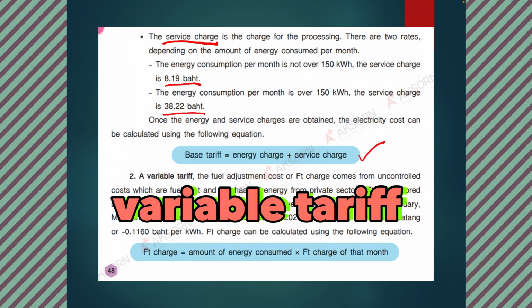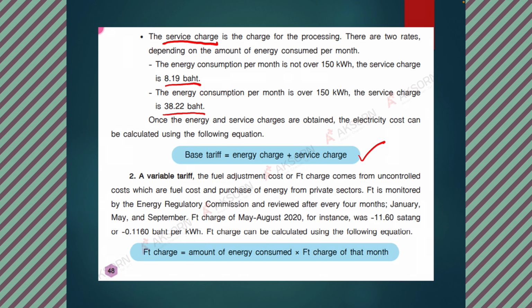Number two is what we call the variable tariff. It is the fuel adjustment cost, or FT charge, which comes from uncontrolled costs, which are fuel costs and purchase of energy from private sectors. FT is monitored by the Energy Regulatory Commission and reviewed every 4 months: January, May, and September.